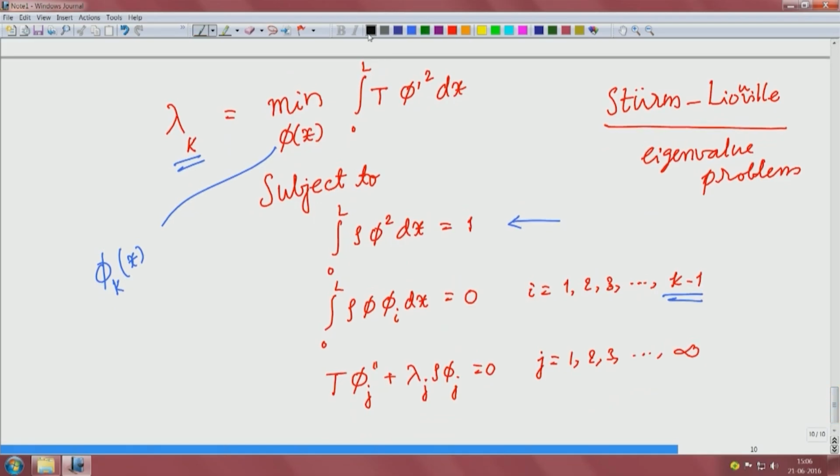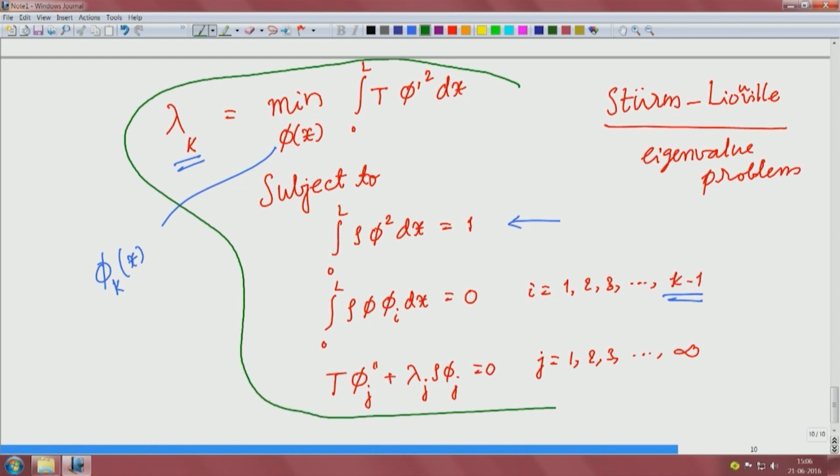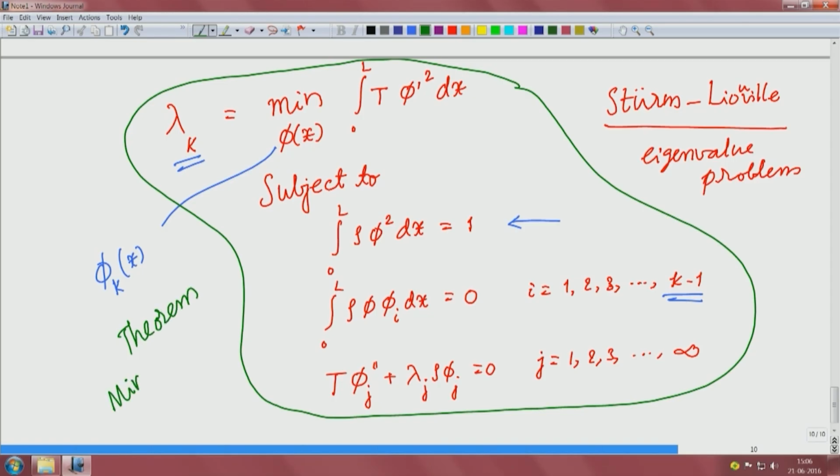So, this whole statement we have is our theorem. What is this theorem? It is minimum characterization theorem for eigenvalue problems.